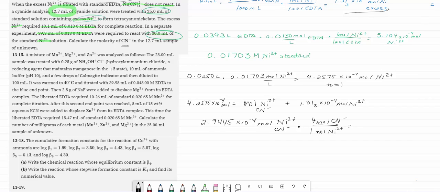So I multiply this by 4 and get that there are 1.1778 times 10 to the negative 3 moles of cyanide. We were asked for the molarity, so then I'm going to divide that by 0.0127 capital L liters in order to get the molarity. And I get a molarity of 0.0927.